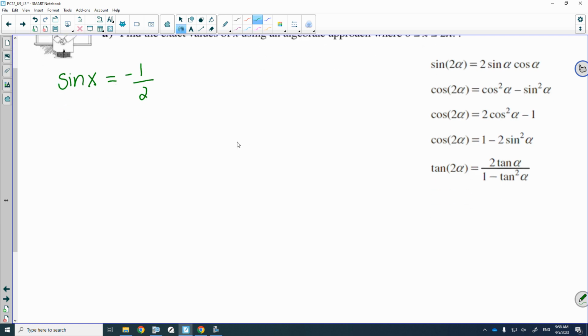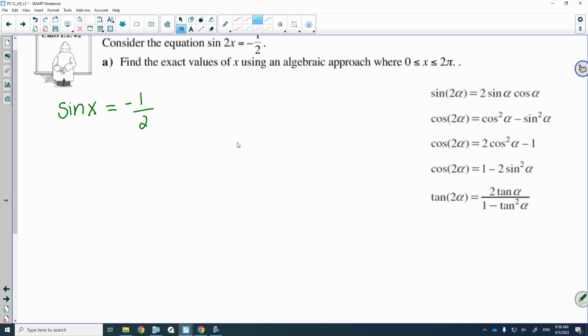If the sine of x was negative 1/2, we would have said, okay, according to CAST, we're dealing with sine this time. Sine is negative in the tan quadrant and in the cos quadrant. So I'm going to have two solutions, a solution here and a solution here.